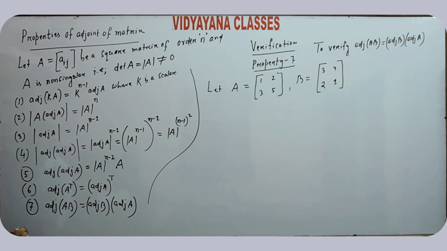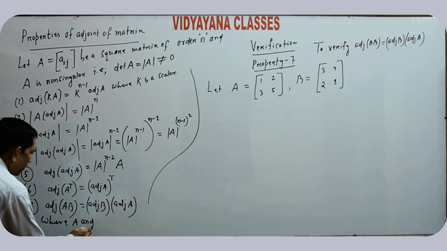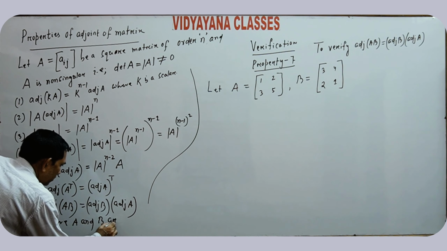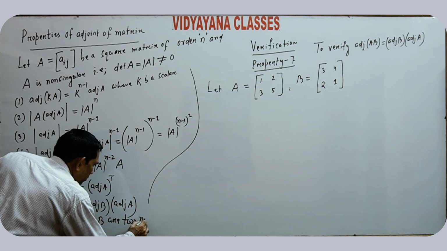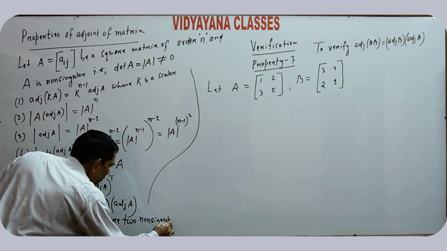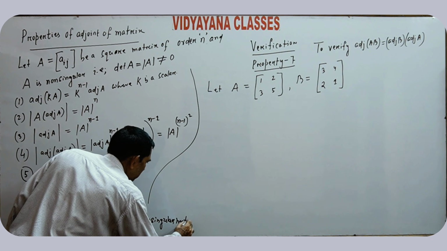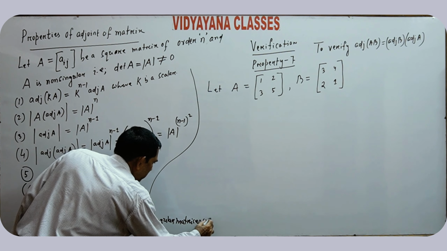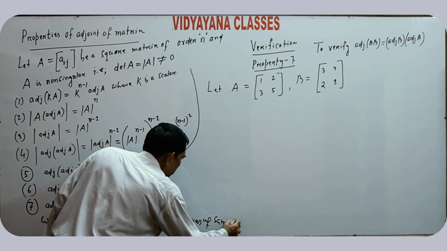Here, in this property, A and B are two non-singular matrices of the same order.